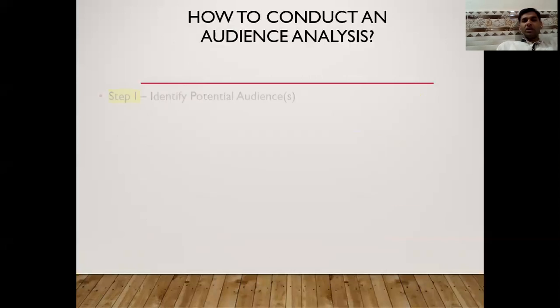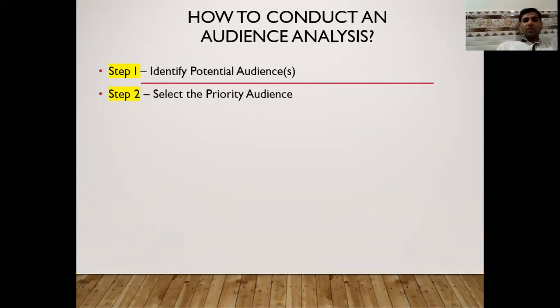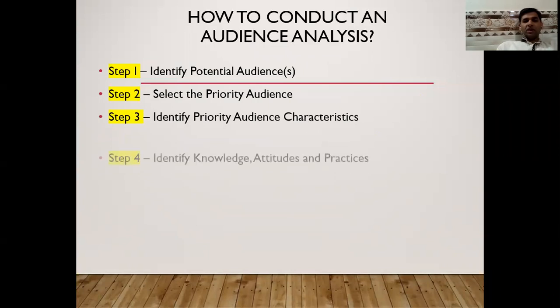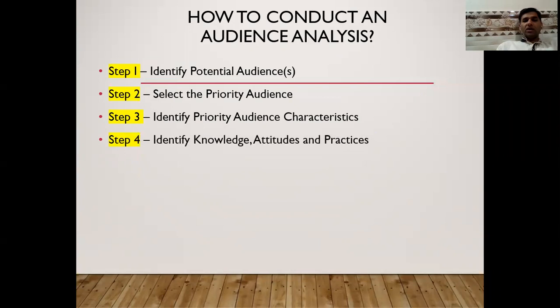How to conduct an audience analysis? Step number 1, identify potential audience. Step number 2, select the priority audience. Step number 3, identify priority audience characteristics. Step number 4, identify knowledge, attitudes, and practices. Step number 5, identify barriers and facilitators.